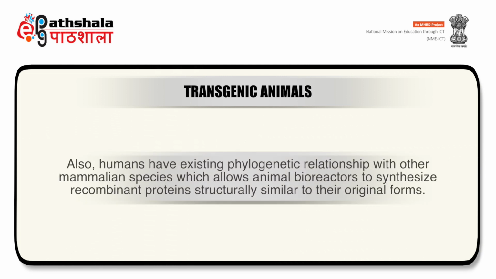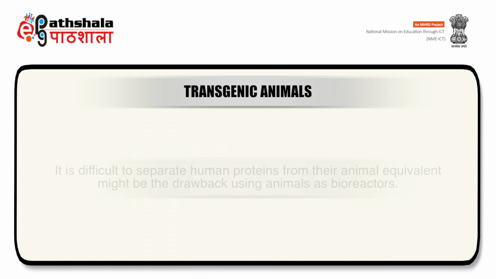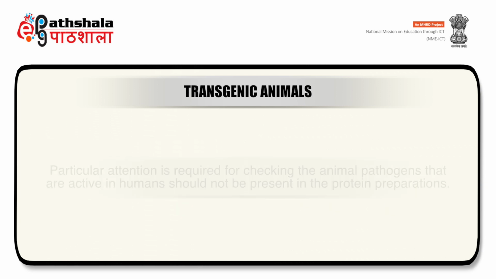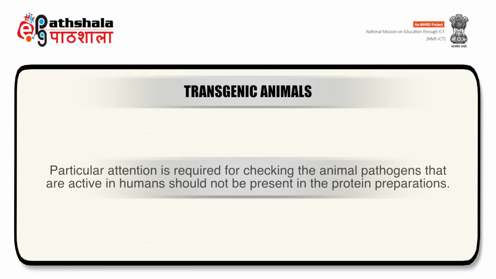Also, humans have existing phylogenetic relationship with other mammalian species, which allows animal bioreactors to synthesize recombinant proteins structurally similar to their original forms. It is difficult to separate human proteins from their animal equivalent, might be the drawback using animals as bioreactors. Particular attention is required for checking the animal pathogens that are active in humans should not be present in the protein preparations.